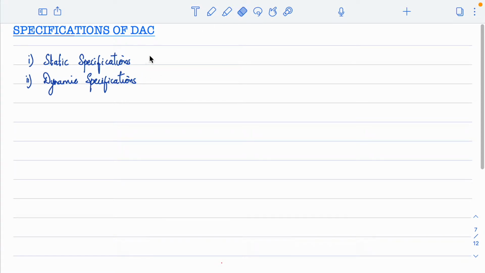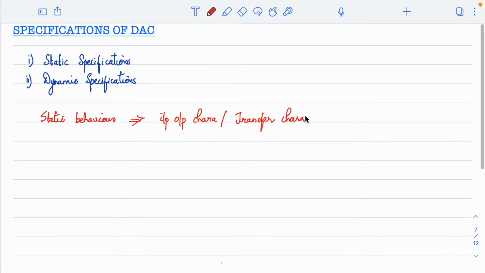So when we talk about the static behavior of a DAC, we can understand it by looking at the input output curve. The input output curve is nothing but the transfer curve we discussed yesterday for a DAC, right?